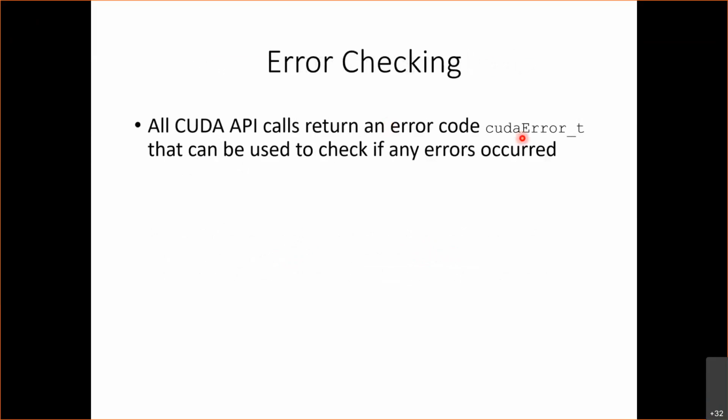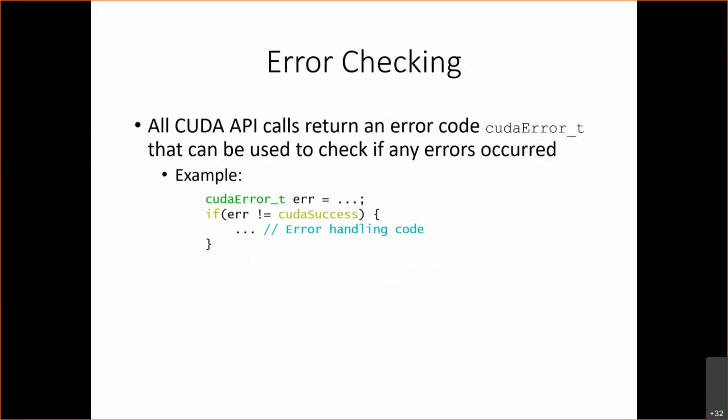Finally, error checking. CUDA has this error code, CUDA error T, which we saw, which is used to check for errors. And the way we check for errors is like this. So CUDA error T, and then we do if error does not equal CUDA success, then we can have some code for error handling.